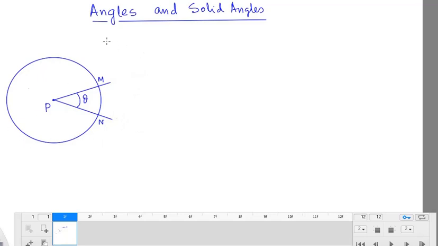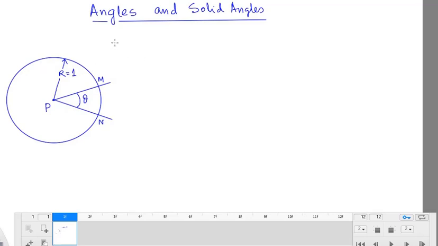How do we get it? See, we know the formula. Suppose the radius is r, and I say that r is equal to 1, as the circle is a unit circle.